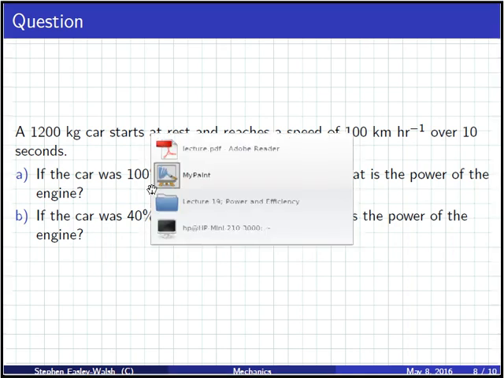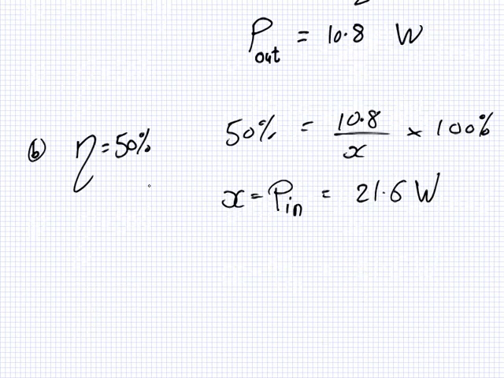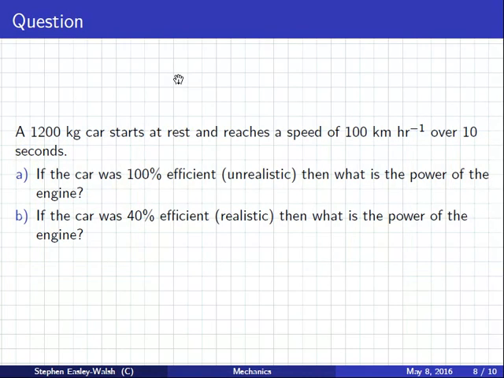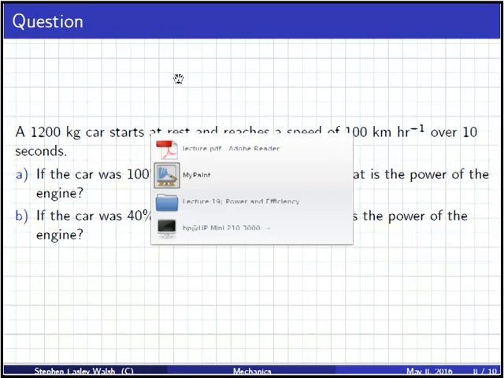Yep. Okay, so the first one, the efficiency is the output over the input. So what was the output here? It was given the car kinetic energy. So that's a half mv squared, and the input, did I tell you what it was? Oh, sorry, I'm doing this wrong. I'm not looking for efficiency, I'm looking for power.